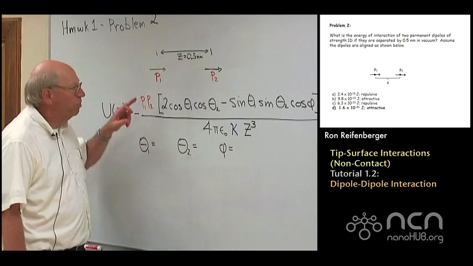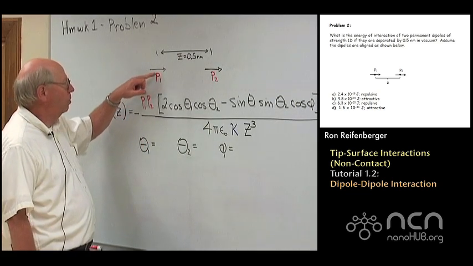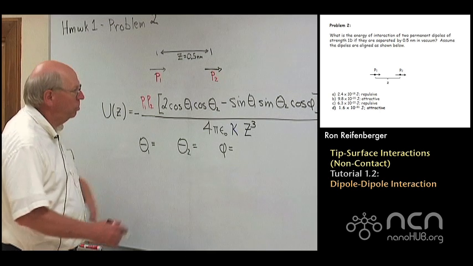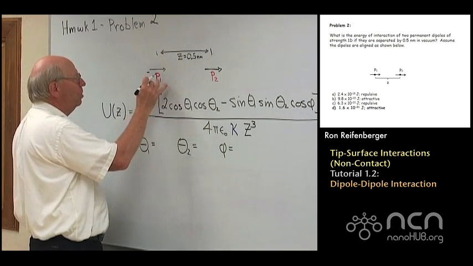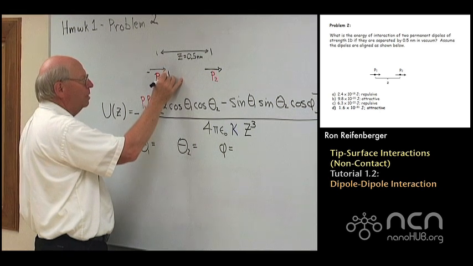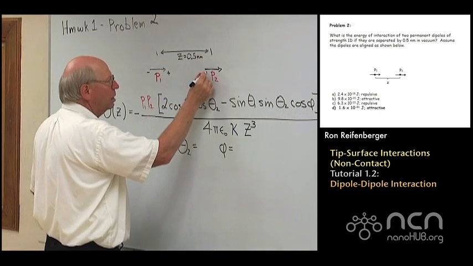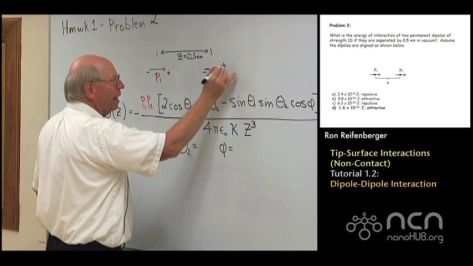So the first thing you have to recognize is that the direction of the arrow is also telling you the orientation of the dipole. It basically means that this end is negative, this end is positive.